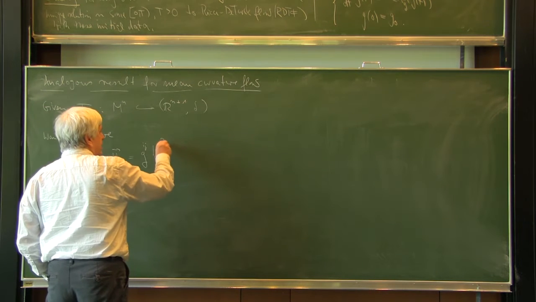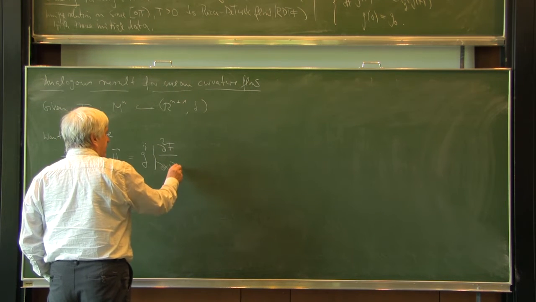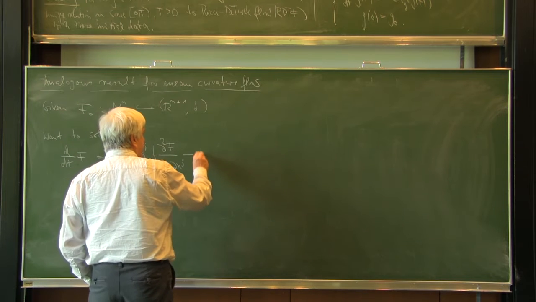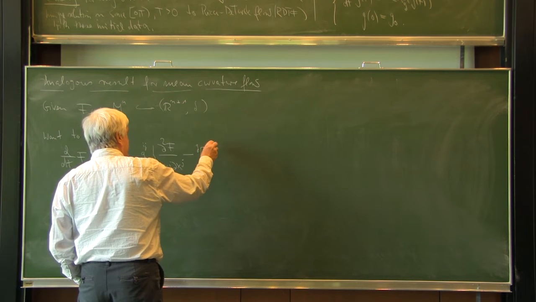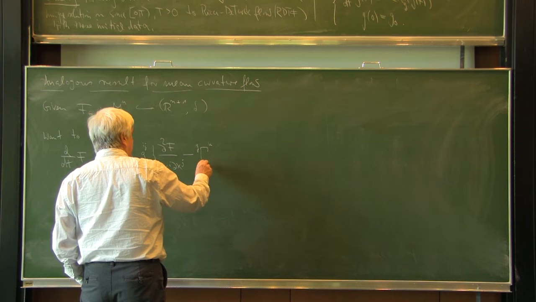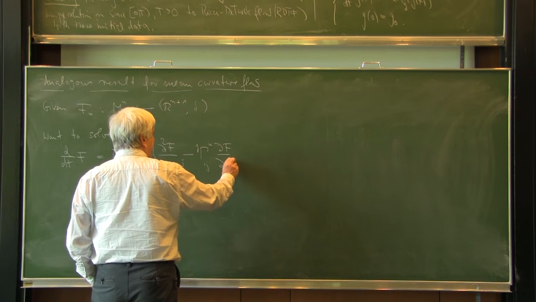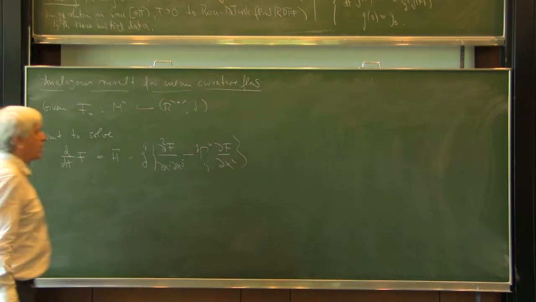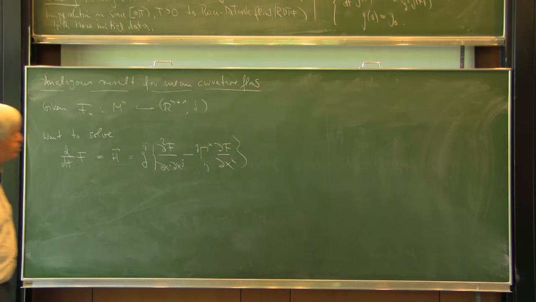So this is the second derivatives of f, ∂i∂j, minus Christoffel symbols of the induced metric Γ^k_ij times the tangent vectors ∂k f. And this is of course true for any component, so this is a vector equation.